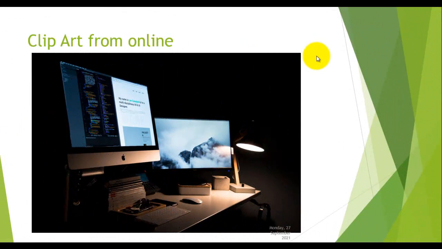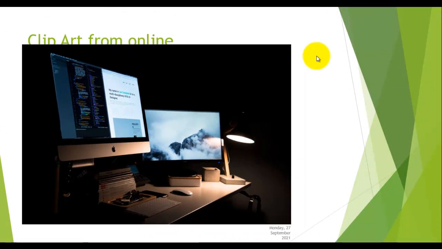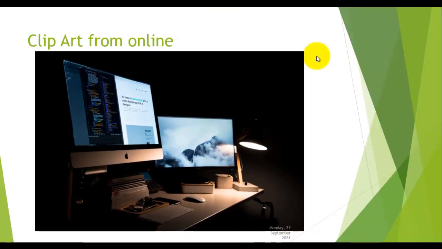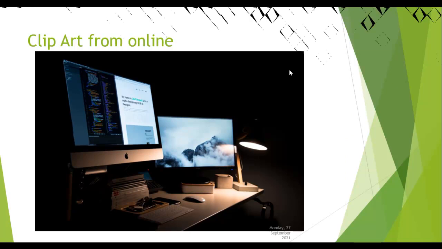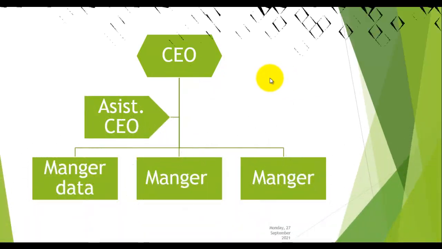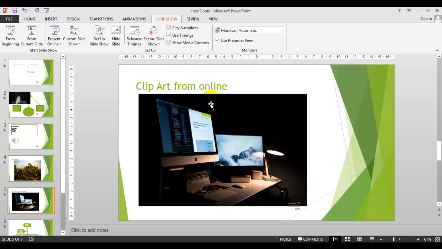I have to click this one for activating it. That is the custom motion path, the one which we have set. Here comes the end. We didn't put anything here. These are charts. Finished. So we have learned about animation effects in our presentation.